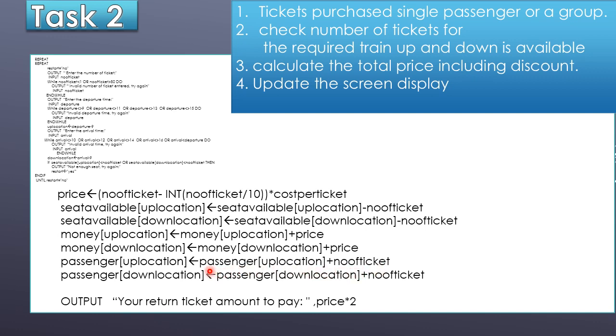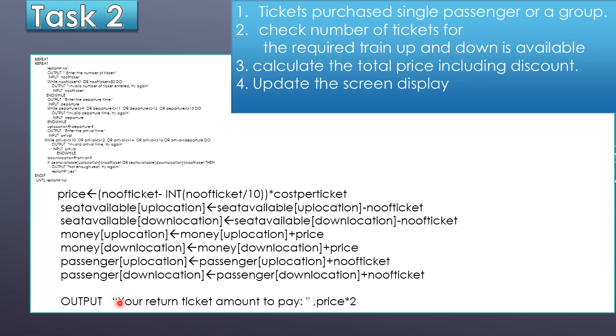Before it is 0, so whatever the number is gets added to the passengers in the up train as well as in the down train. So we can calculate the number of passengers traveled for later, as well as show the updated information in the display.